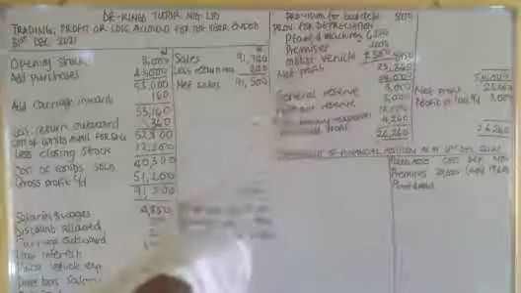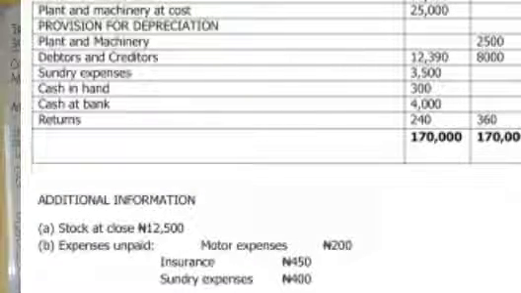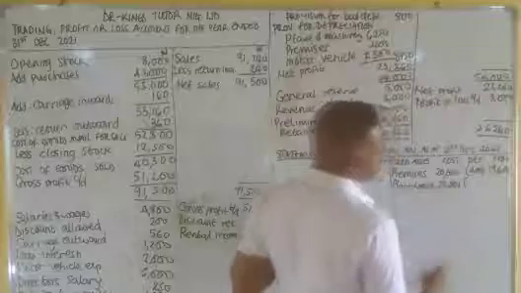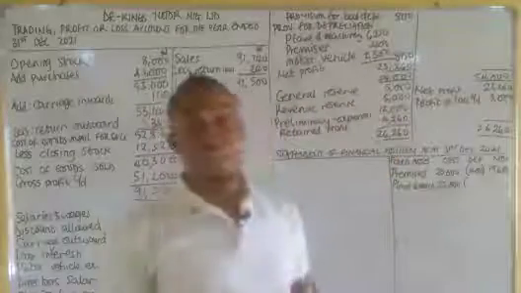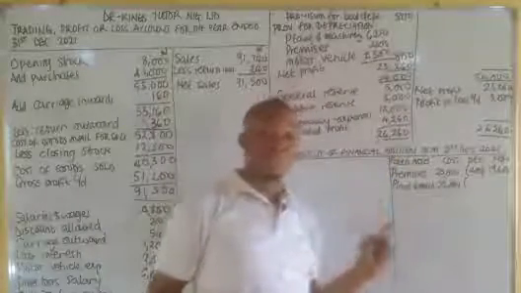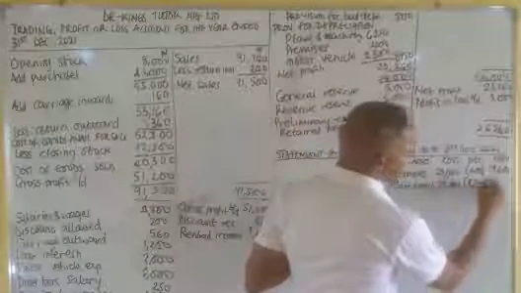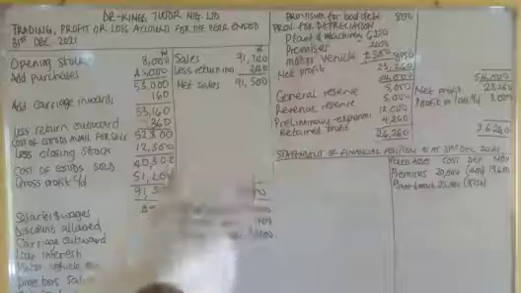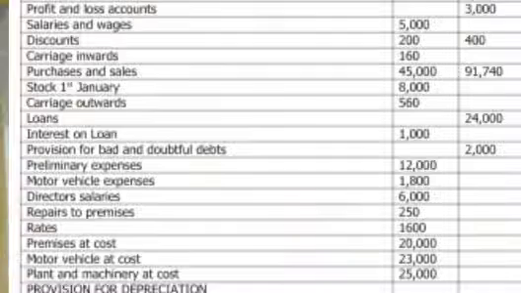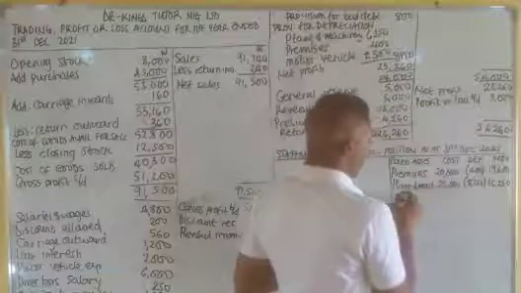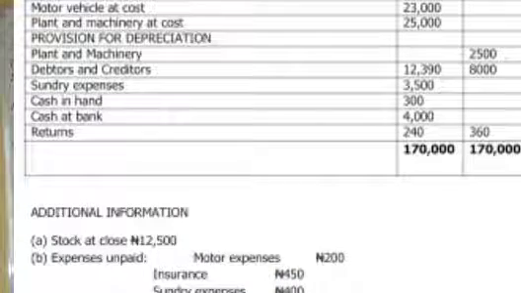The cost is 25,000. Now, the depreciation is actually accumulated, the recent one that was calculated plus the previous in the trial balance. We did that, so the total is 8,750. So 25,000 minus 8,750 will give us 16,250.